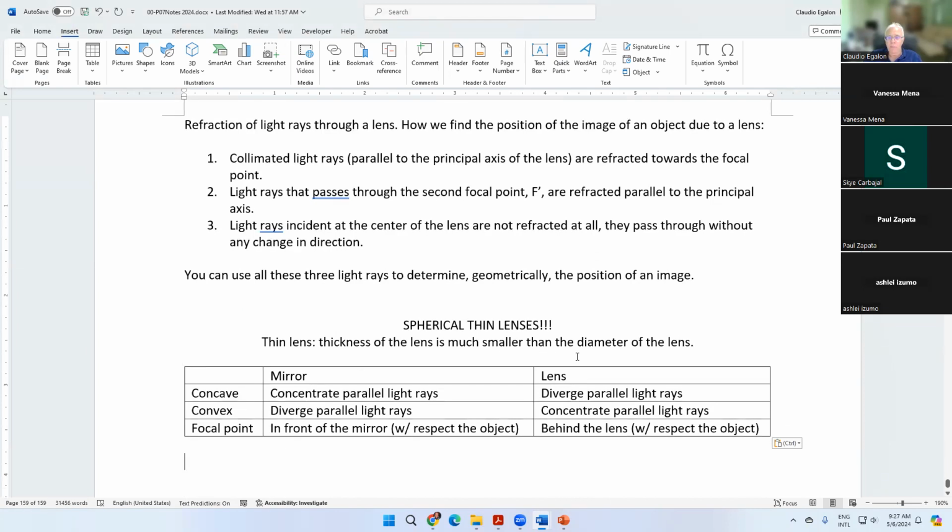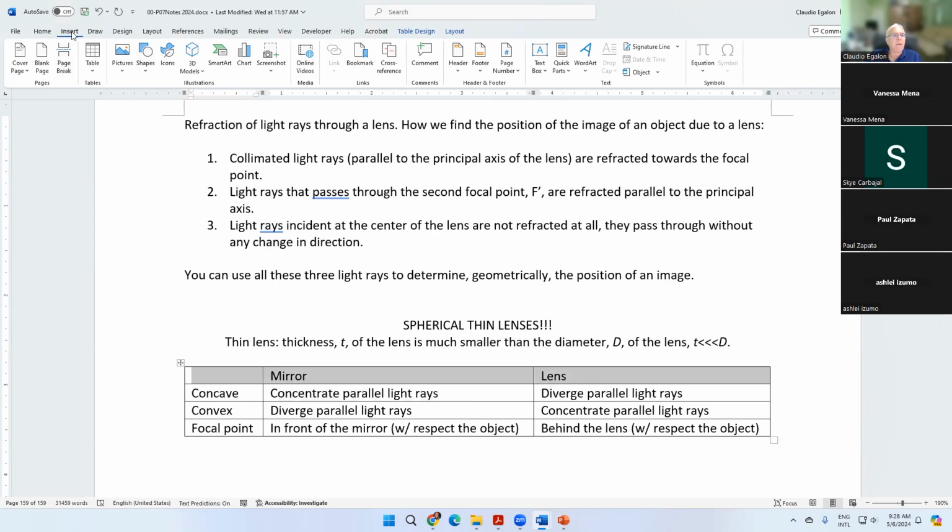Thickness T of the lens is much smaller than the diameter D of the lens.